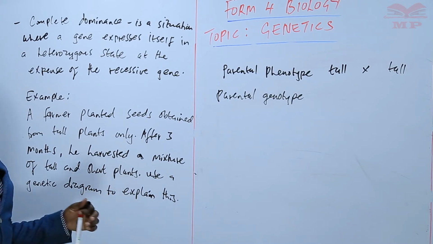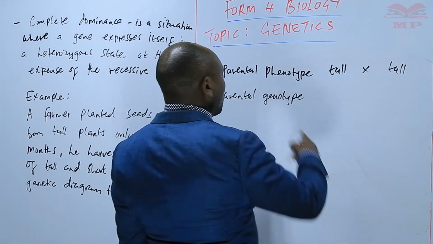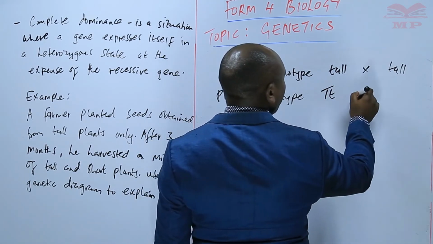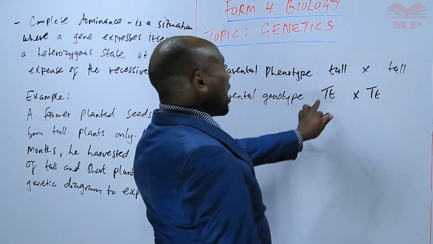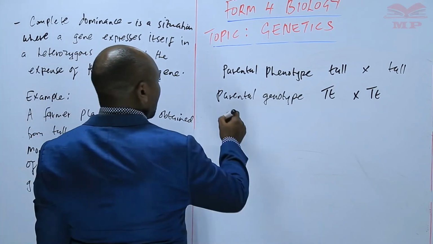That shows that they were impure tall. They were not pure, and therefore the genotype will have a capital T and a small t, and capital T, small t, to show that they were not pure. That's why they were giving us short.